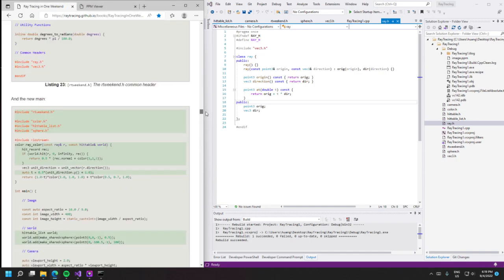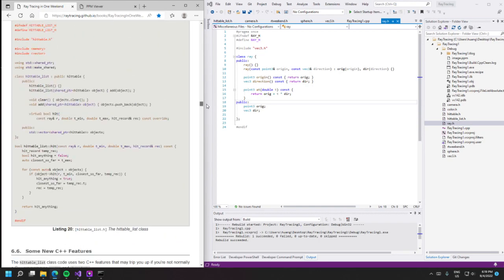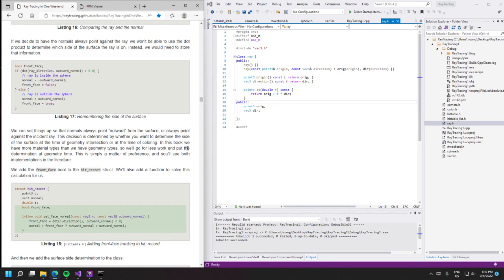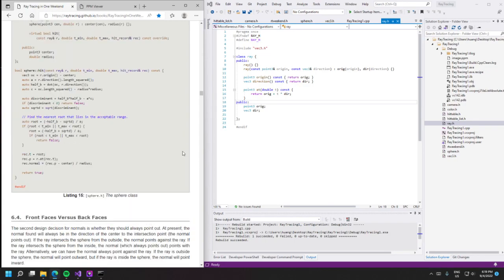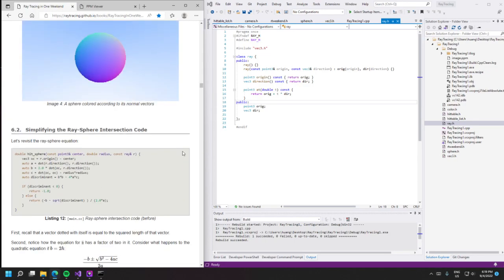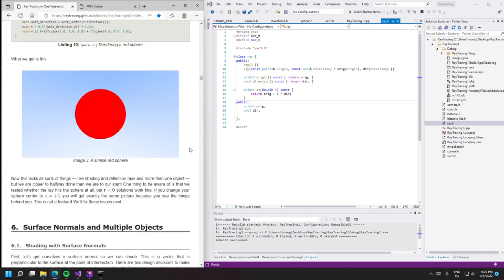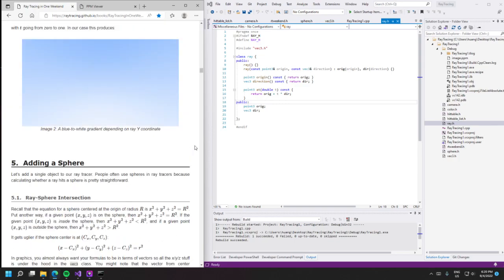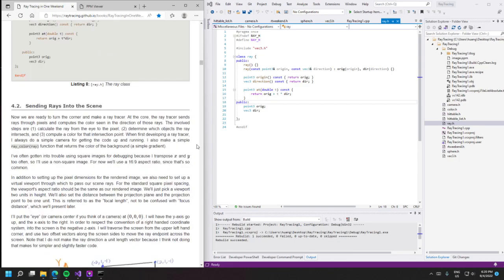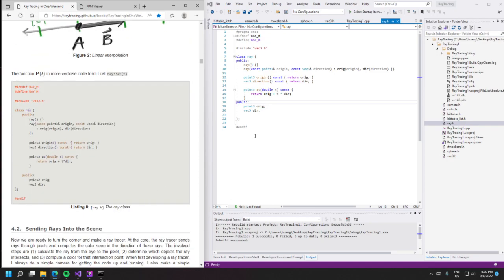I think we didn't modify anything on the Ray object since a long time ago, so let's find the place that we last touched it. Okay, it's really a long time ago. Yes, this is the Ray class, and the Ray class was not changed after a certain point.